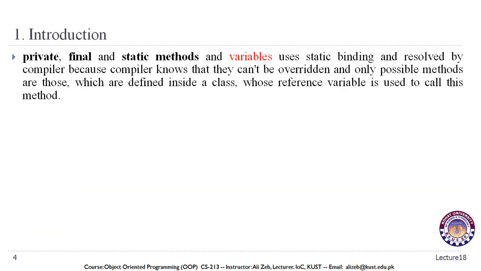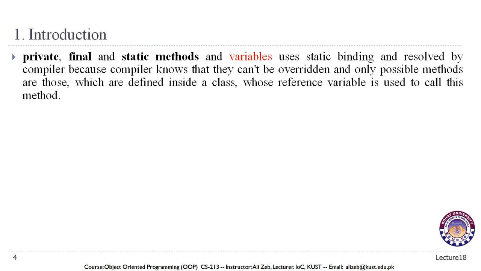Private, final, and static methods and variables use static binding and are resolved by the compiler, because the compiler knows that they can't be overridden, and the only possible methods are those defined inside the class whose reference variable is used to call the method. So if we declare a method as private, final or static, or variables as private, final or static, then we understand that we cannot override those methods or variables.